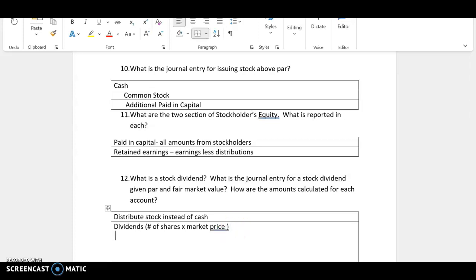Okay, and then we're going to credit common stock dividends distributable, and this is going to be the number of shares we're giving out times par value. And then the remainder is going to go into additional paid in capital. So the excess market price over par.